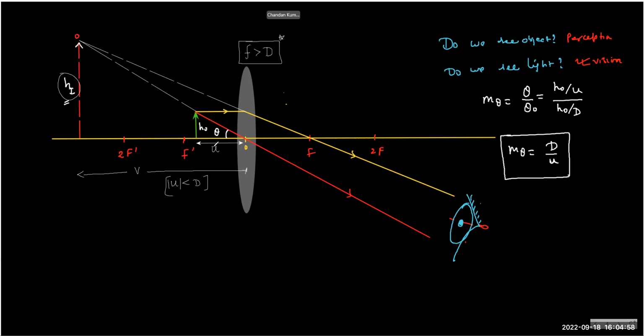For what value of u, the image will be at infinity? We all know. For what value of u, the image will be at infinity? Tell me, guys. F. So for normal vision, the magnification will be D by u, but we know that u must be f, and we're done. Over and out.